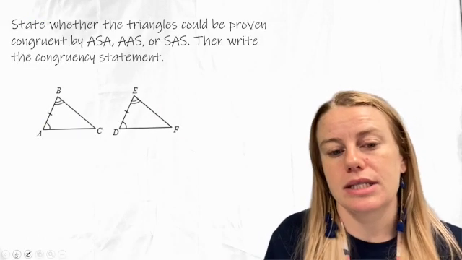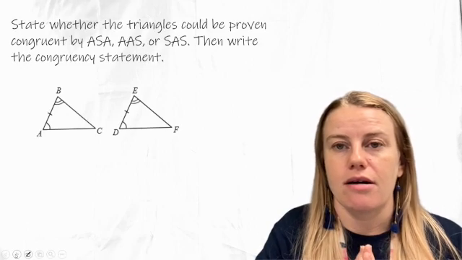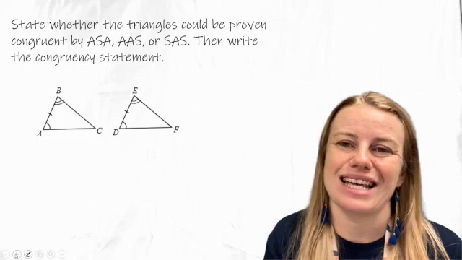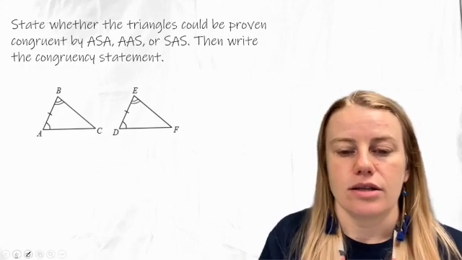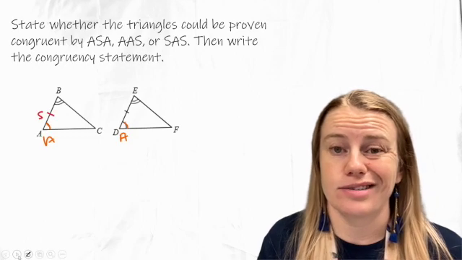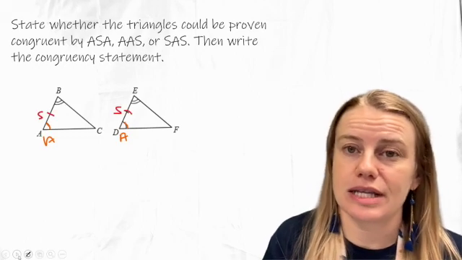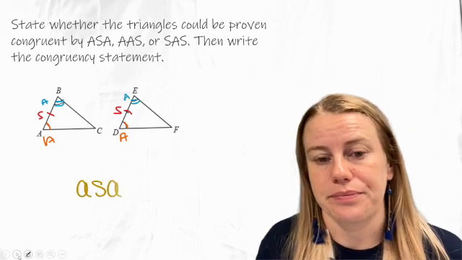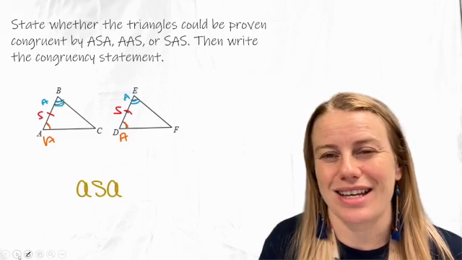So some examples: state whether they are congruent by ASA, AAS, or SAS. Let's label these. We've got an angle, and it's congruent to that angle. Our side is congruent to that side. Our angle is congruent to that angle. So we call that ASA.